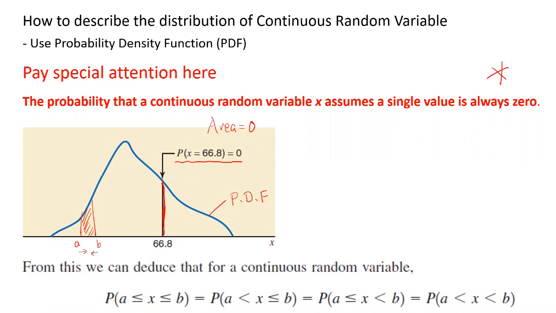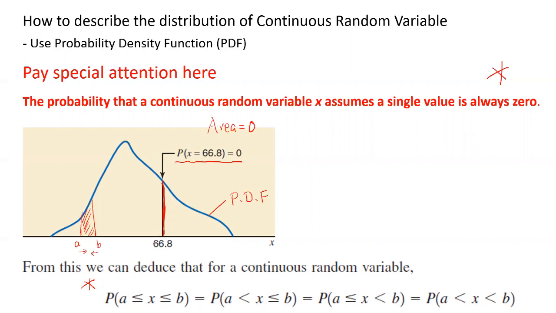Okay. Following this, we can deduce that for any continuous random variable, the following holds: the probability of a ≤ x ≤ b equals the probability of a < x ≤ b, which also equals the probability of a ≤ x < b, which also equals the probability of a < x < b.